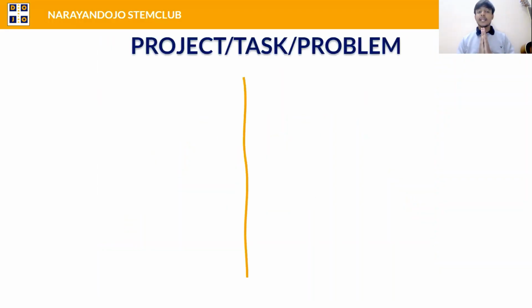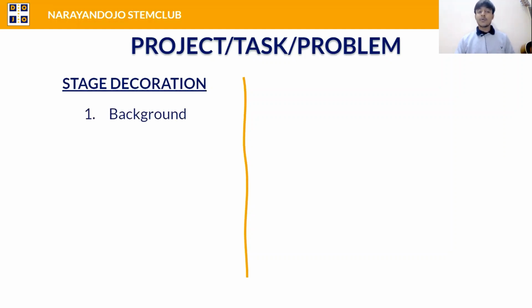So if you are making any project, if you are solving any problem or performing any task or creating any project in the Scratch editor, then first of all divide that project or task or problem into two sections. The first one is stage decoration, and under the stage decoration two things come. The first one is background and the other one is sprite, and the second thing is coding.